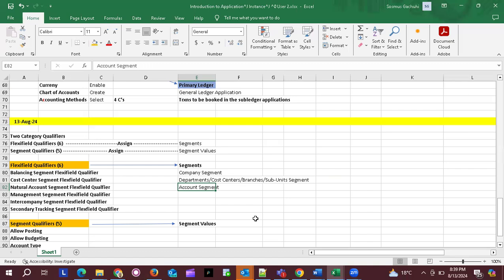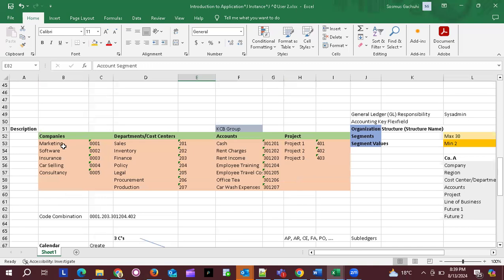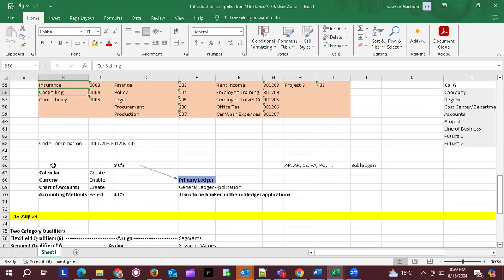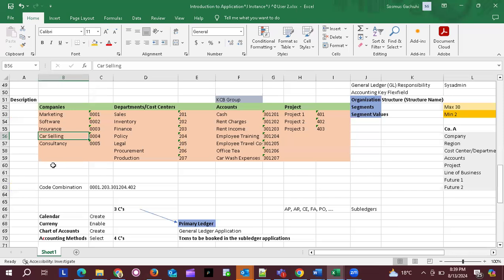In an instance where we are dealing with just one company, leave alone yesterday's illustration of a KCB group with different companies, if this is only KCB Bank, will the company still be used as a balancing segment, or can we drill down to using the cost center as the balancing segment, since we also have the next point of cost center segment?